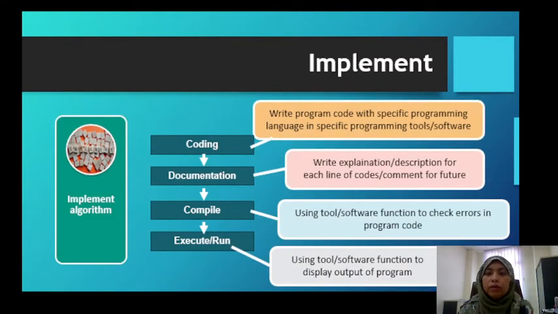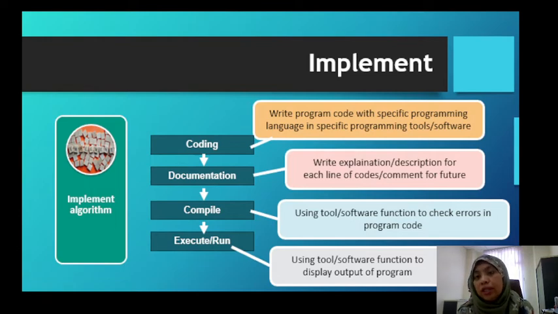Alright, in the implement phase there are 4 steps. Firstly you need to implement the algorithm, and then convert all the algorithm into the programming code. So the first implementation is the coding. Write the program code with the specific programming language that you have chosen, in specific programming tools or software.